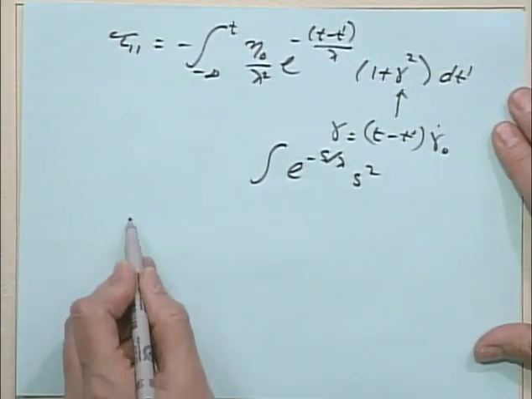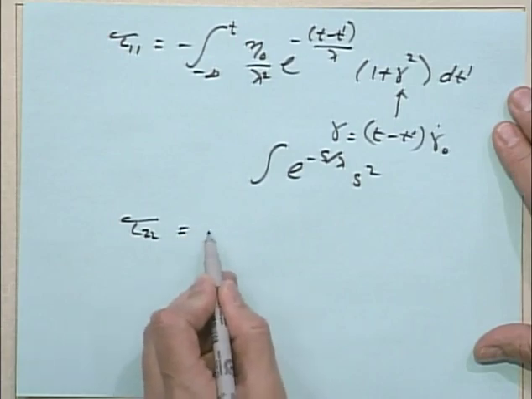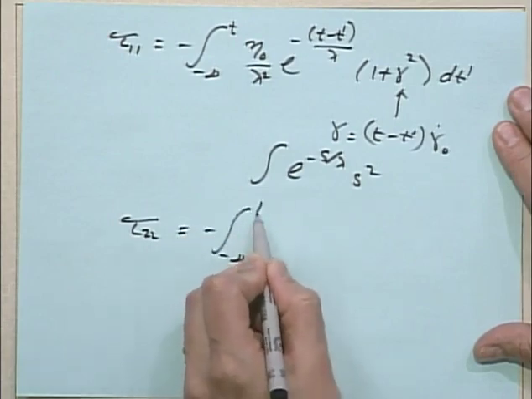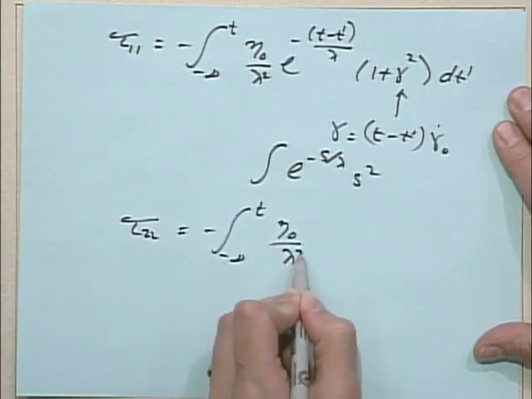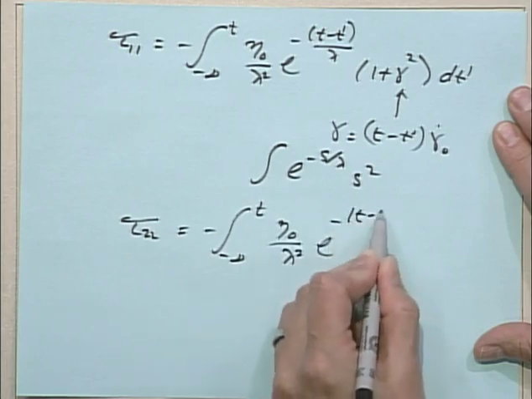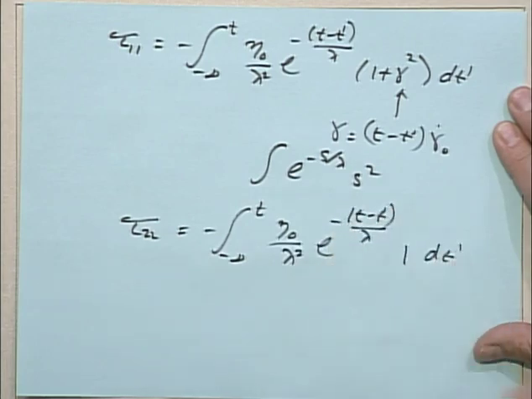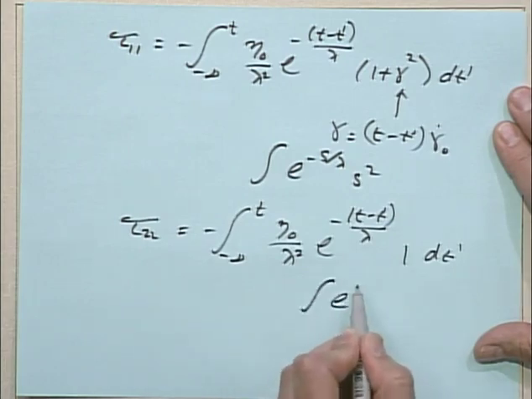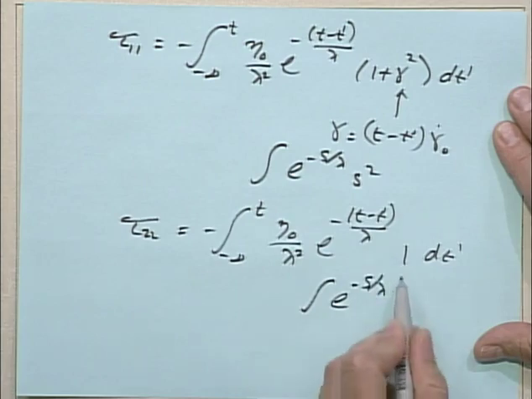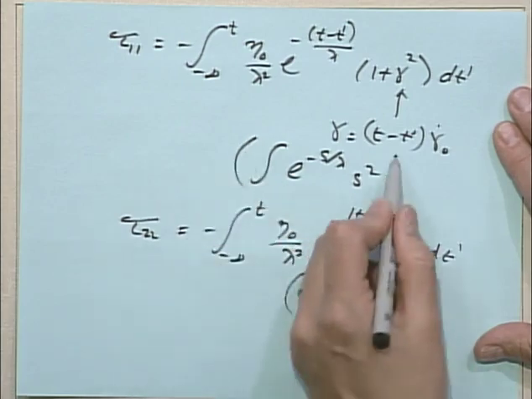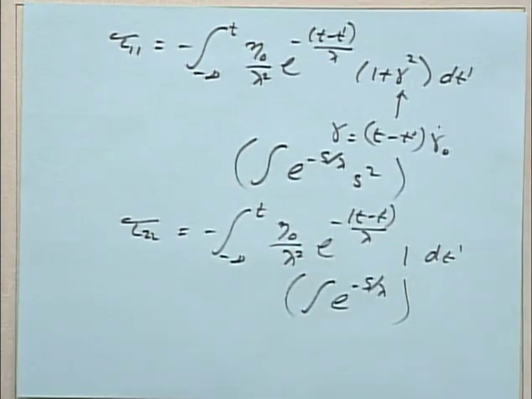And tau 22 is going to be all of the same rigmarole, with a 1 here. So this will turn out to be related to the integral of e to the minus s over lambda. All very doable MathCAD or integration by parts calculations.